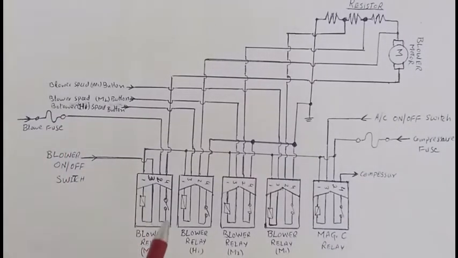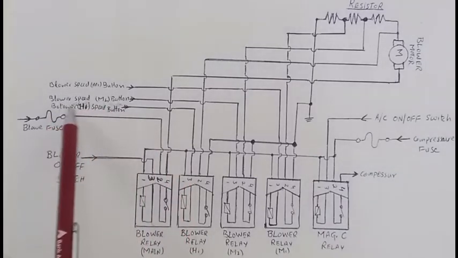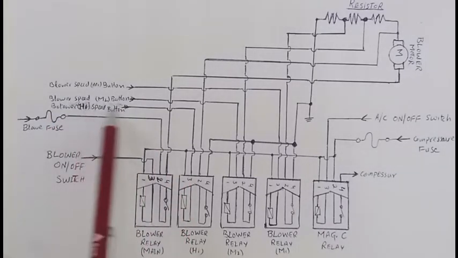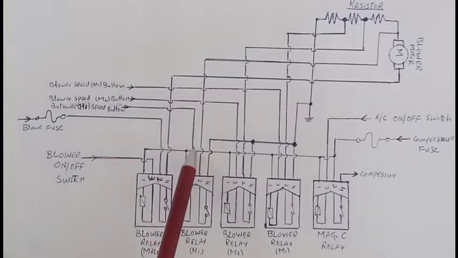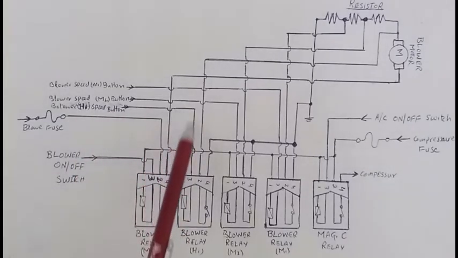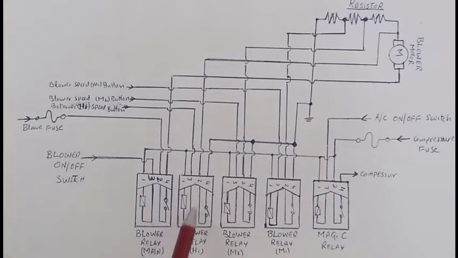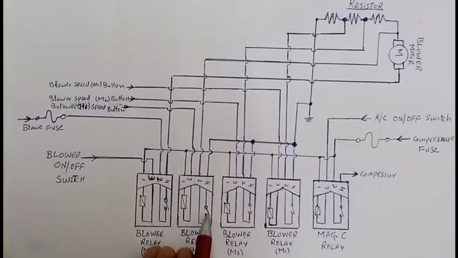When we switch on the high speed switch, what happens? This relay coil gets the power, so our relay is energized. When this relay is energized, this contact closes.